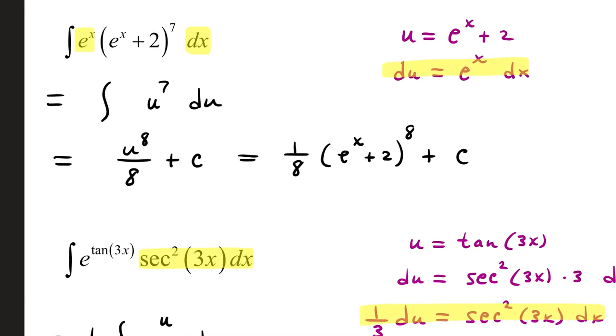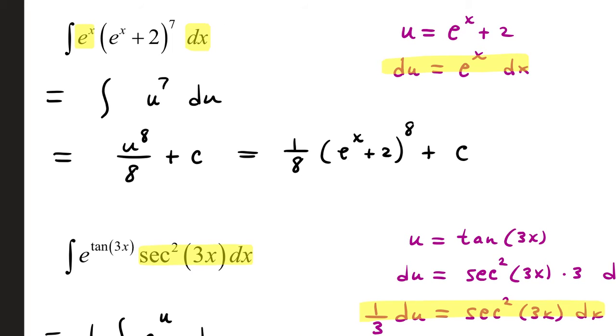The next example, we have the integral of e^x times (e^x plus 2) quantity to the 7th power dx. e^x plus 2 is found inside of a grouping symbol, so let's try that as our substitution. We'll let u be equal to e^x plus 2. The derivative of both sides is du equals e^x dx.